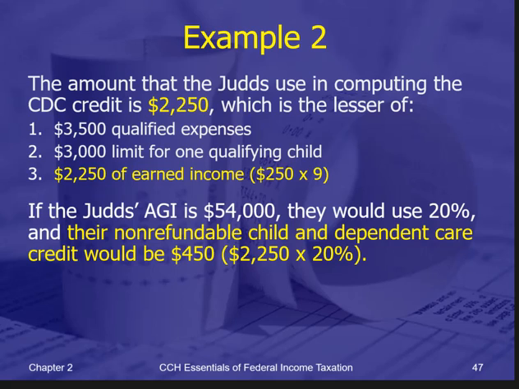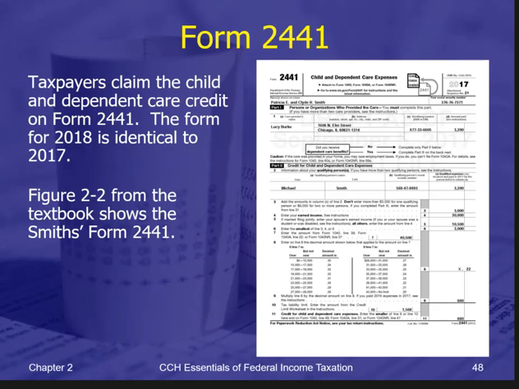That would be non-refundable. Again, only good if they actually have a tax liability. Notice that however high your income goes, you still get at least 20%. So it's not like it goes away entirely, it just goes down from 35 down to 20 as your income goes up. This whole thing is reported on Form 2441.